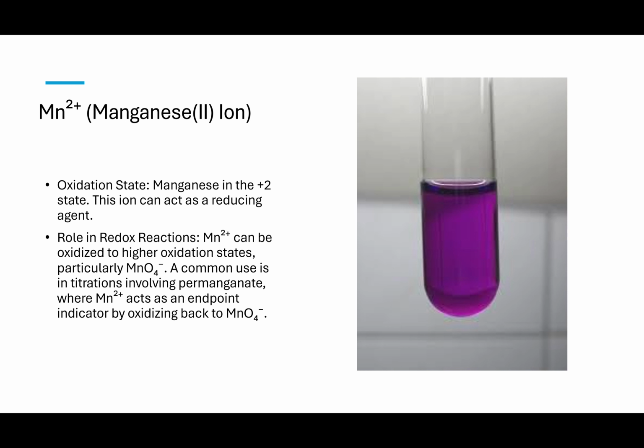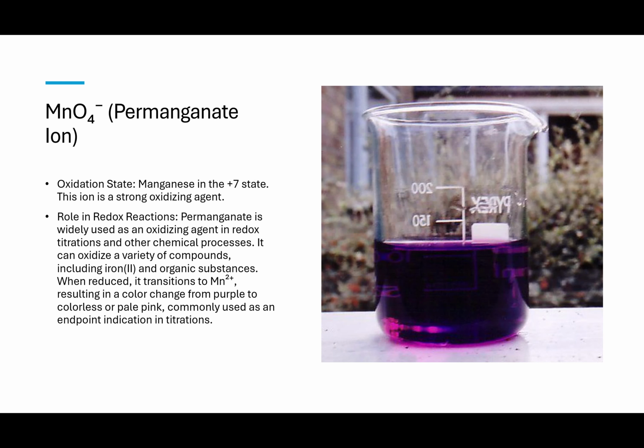So this is what we tend to use it for in these types of reactions. Redox reactions as well, redox titration specifically. So we use these transition metal complexes all the time, almost every single day in the lab for inorganic chemistry.